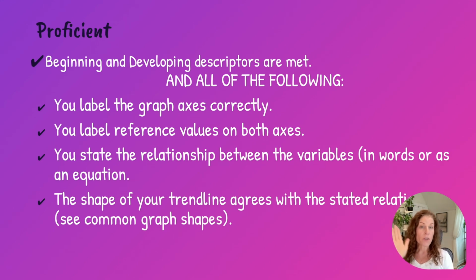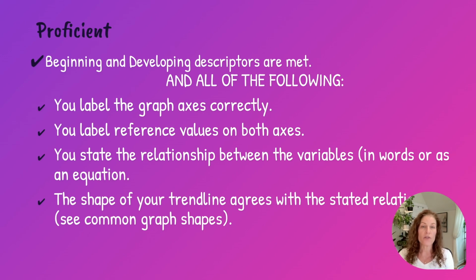So you've got numbers on both axes, and next to the graph, you state the relationship in words or with an equation. So if you're going to say there's a direct relationship between distance and time, you can write that, or you can put an equation where you write d equals something times t, okay?